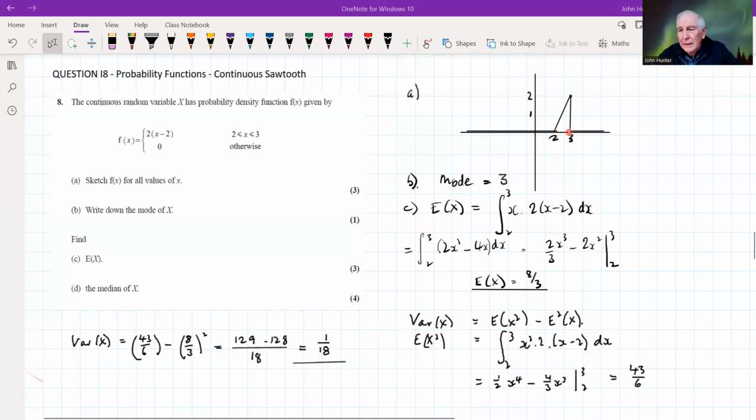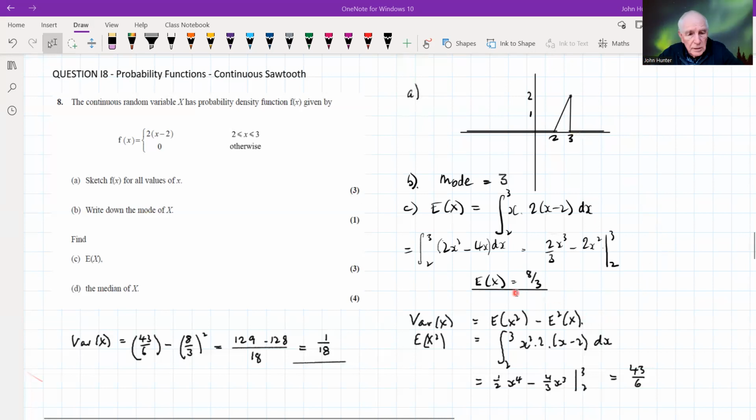And in actual fact, the center of mass of a triangle is 2/3 of the way along. If we wanted to find it in 3 dimensions, we could come down 2/3 away from 2 down to 1, and that point there would be the center of mass of the triangle. Anyway, that's a little bit of bonus stuff, more to do with calculus really than probability.